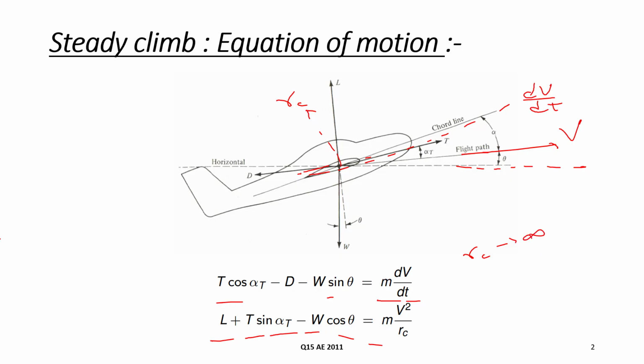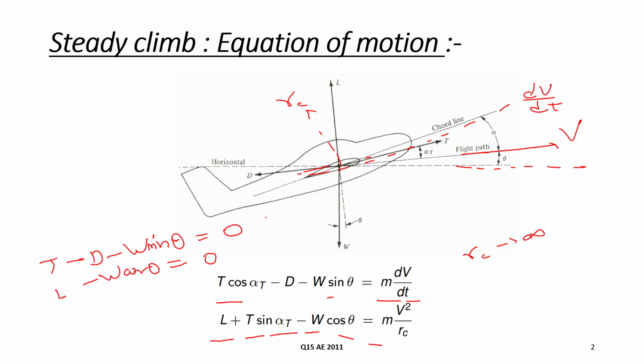Then the equations become T minus D minus W sin theta, and there is no acceleration, so it equals 0. The second equation will be L minus W cos theta equal to 0.